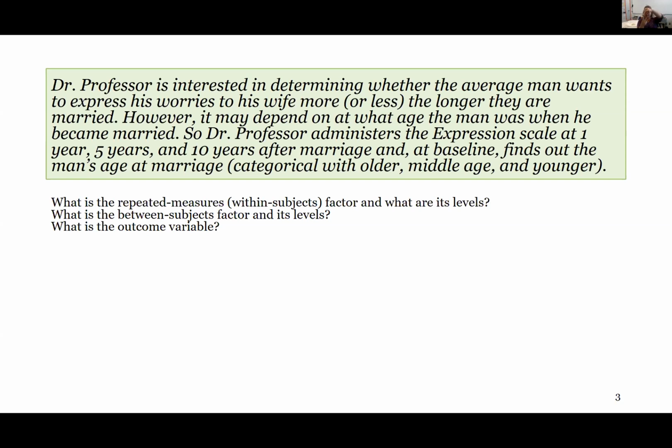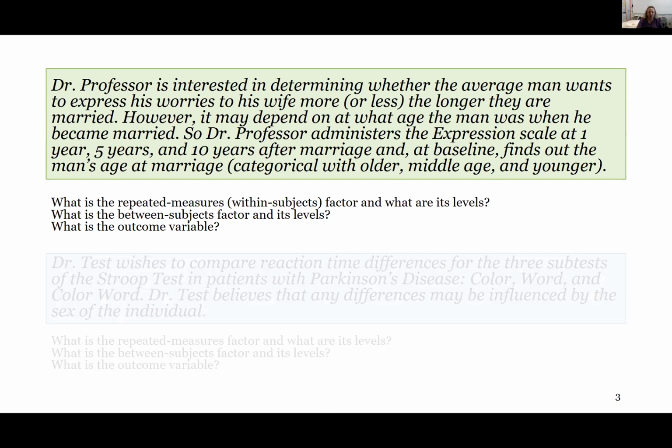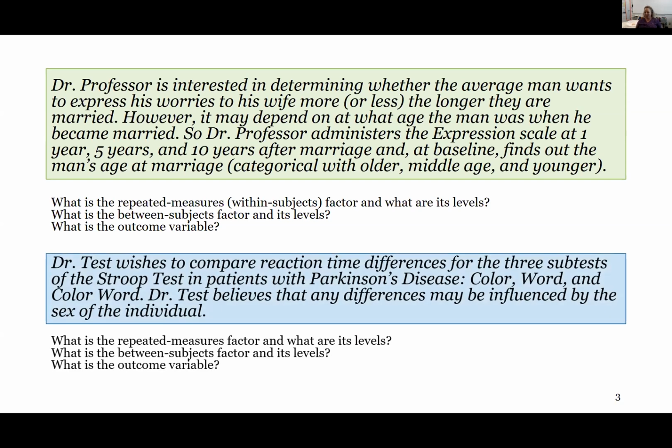We've chosen to go with young, middle age, and older age. There are 3 levels to our between subjects factor. And what's the outcome here? They express their worry. The expression scale score. However, there's probably a lot of questions they ask and then they add them up or average their points or something like that.